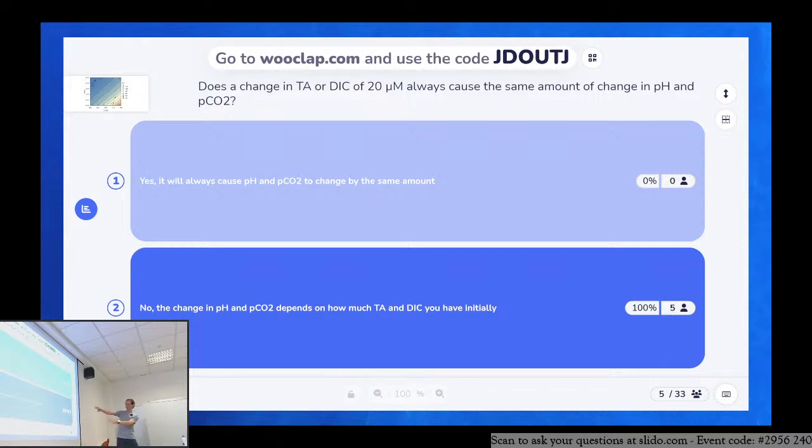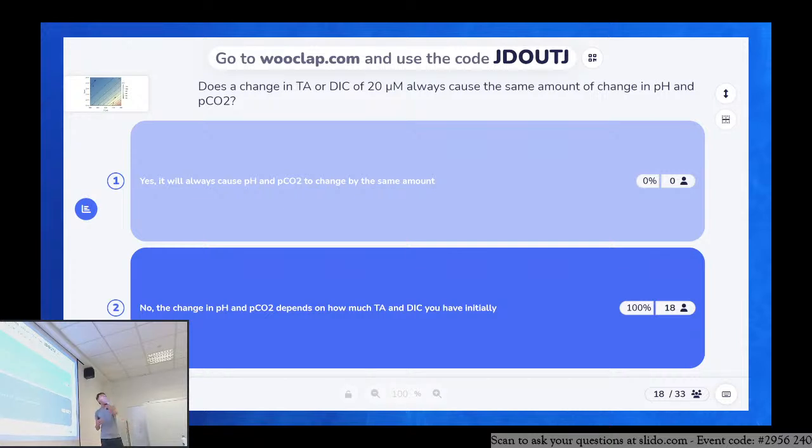If you look really carefully at my previous diagram, you'll see that depending on where you are on the plot, the contour lines for PCO2 and pH are either spaced really far apart or they're really bunched up tightly. So essentially, if you've got lots of alkalinity relative to the amount of DIC, then changing the alkalinity and DIC by a bit has fairly little impact on the pH and PCO2.